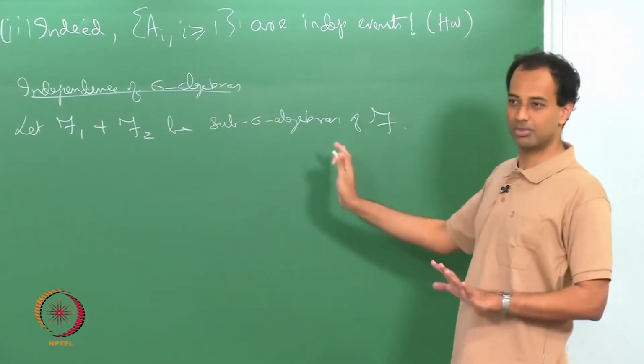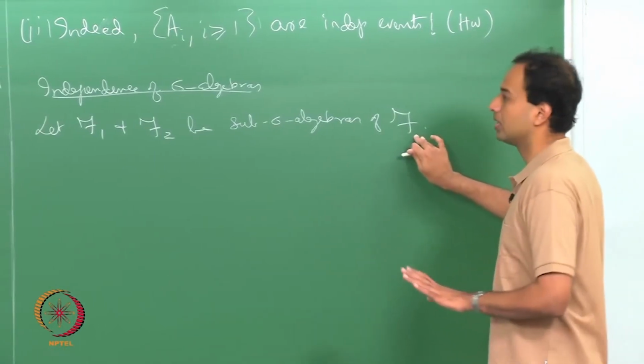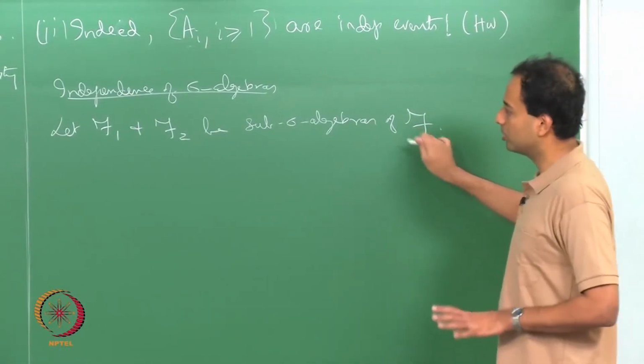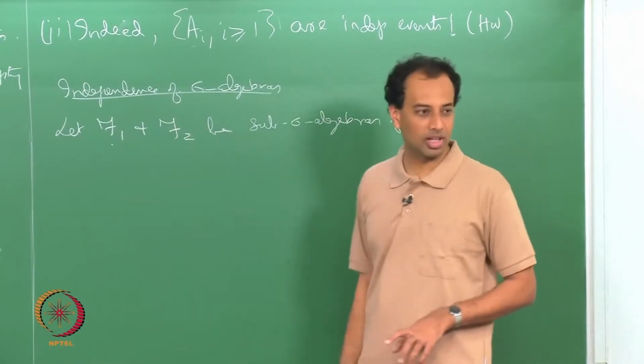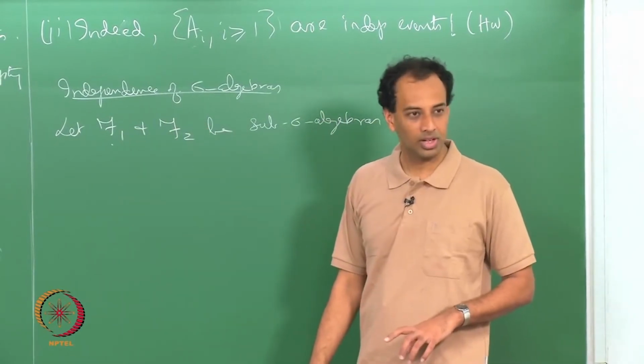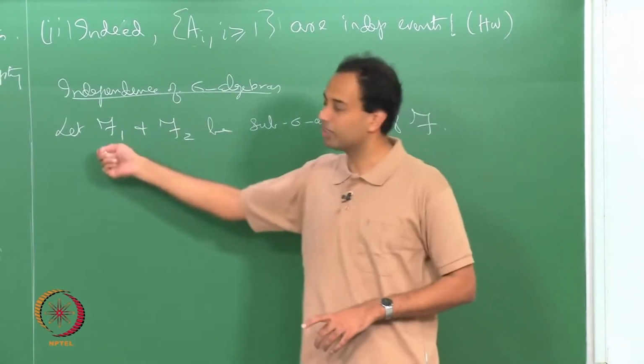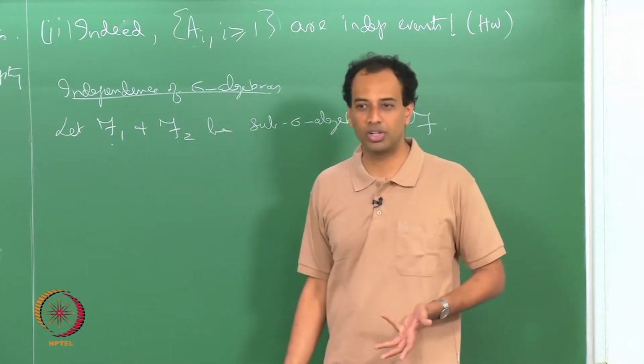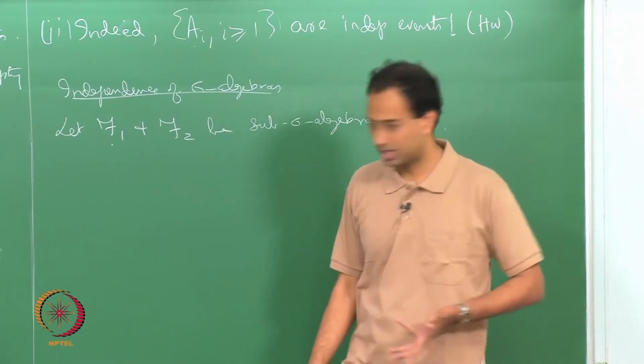You have two sub sigma algebras of F, and you want to speak about the independence of these two sigma algebras. Okay, remember P is defined on F, so P is defined on elements of F1 and F2 as well, right.